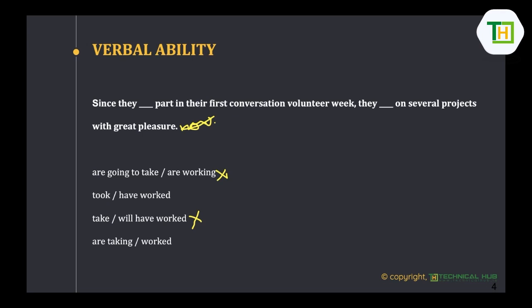That is wrong. Since they are taking part in the first conversation volunteer week, they worked on several projects with great pleasure. No. If it said now, then it would be correct. So option B is the right answer.